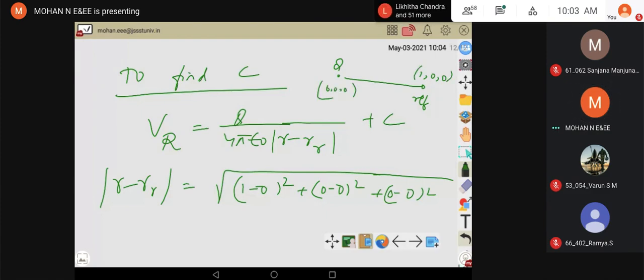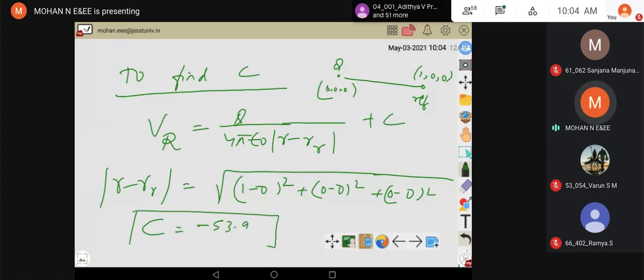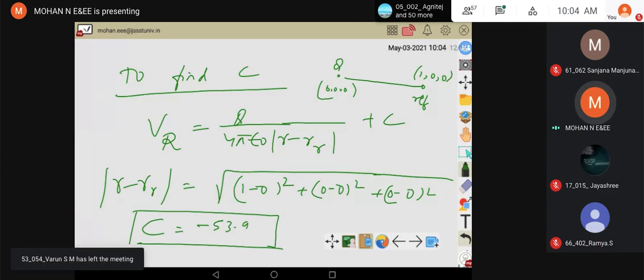Therefore, we will be solving for C here. That C will turn out to be minus 53.9. It is a constant value.